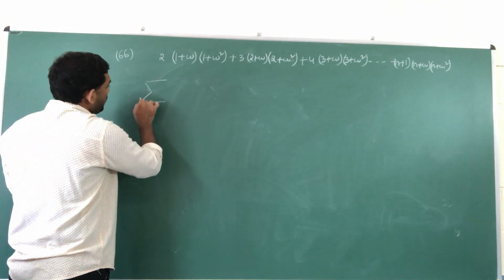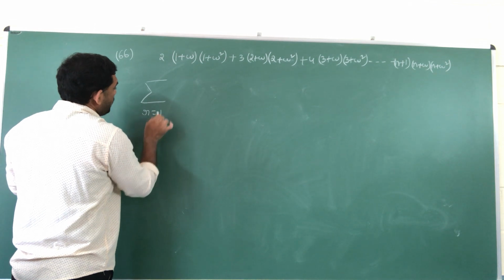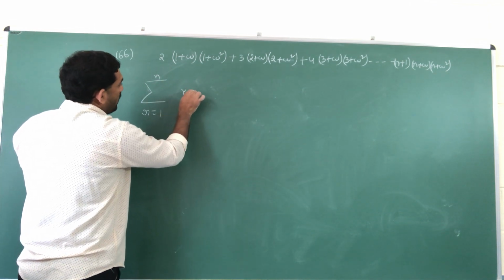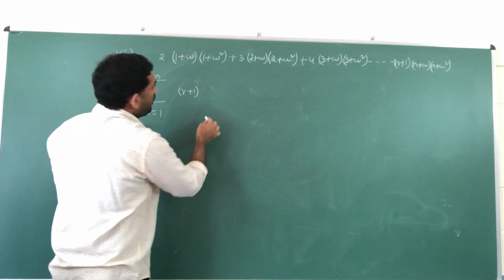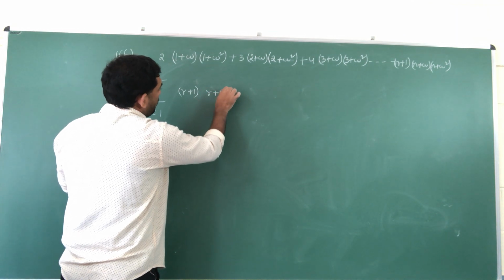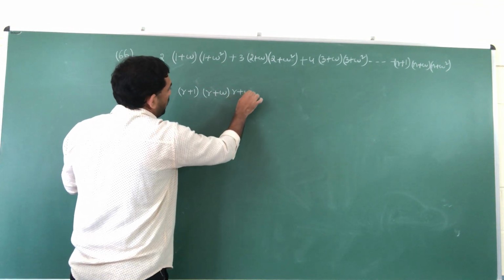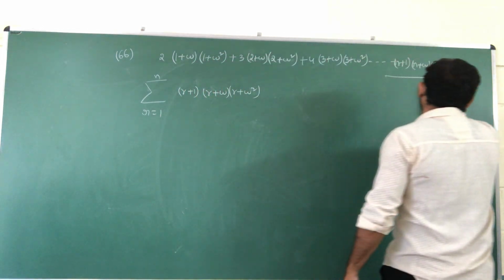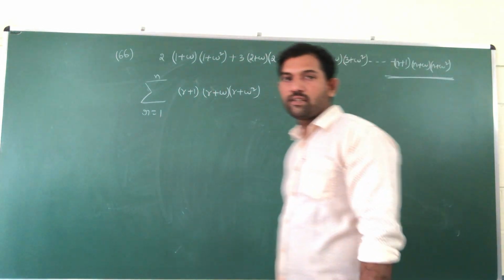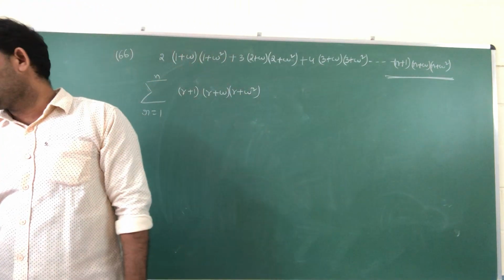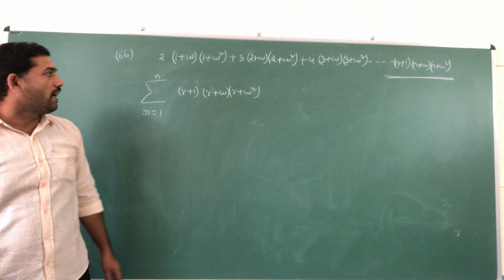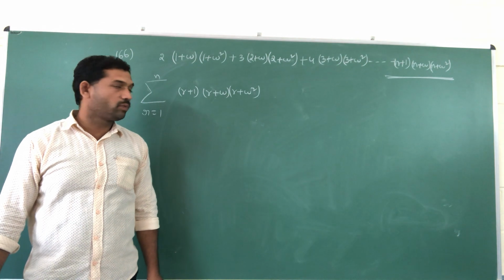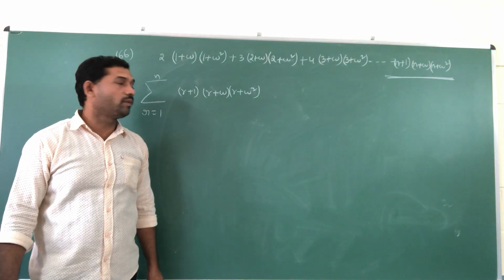The whole summation can be written as sigma r is equal to 1 to n, r plus 1 into r plus omega square. The whole summation you have to write. Sigma r is equal to 1 to n, r plus 1, so r plus omega plus r plus omega square.